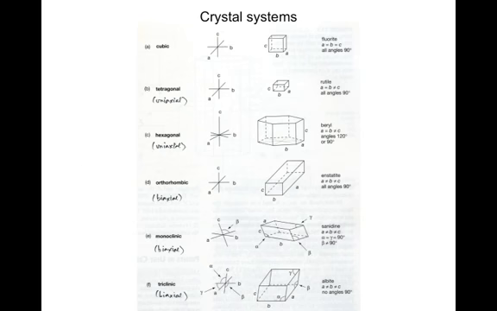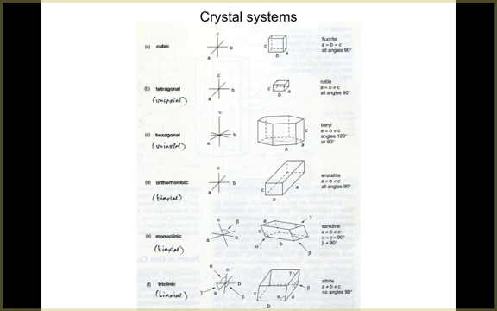Now the crystal systems, we've looked at this a little bit before, but I haven't really talked in great detail about them. There are 6 main crystal systems, and you'll see the names over here on the left. We have cubic, tetragonal, hexagonal, orthorhombic, monoclinic, and triclinic.